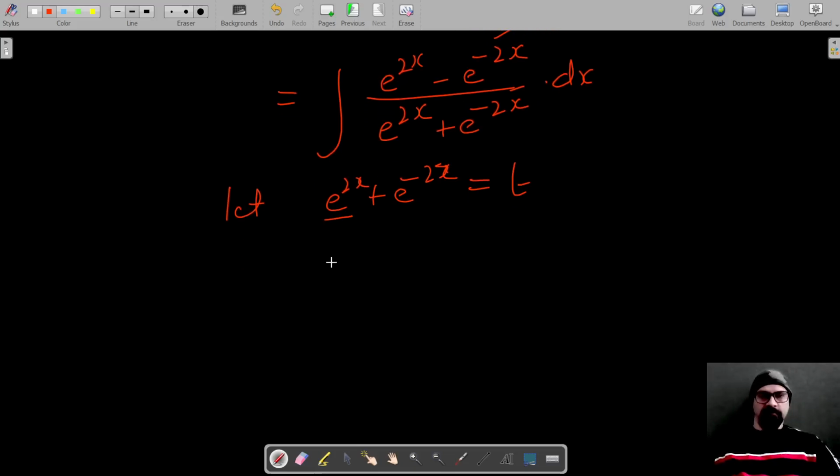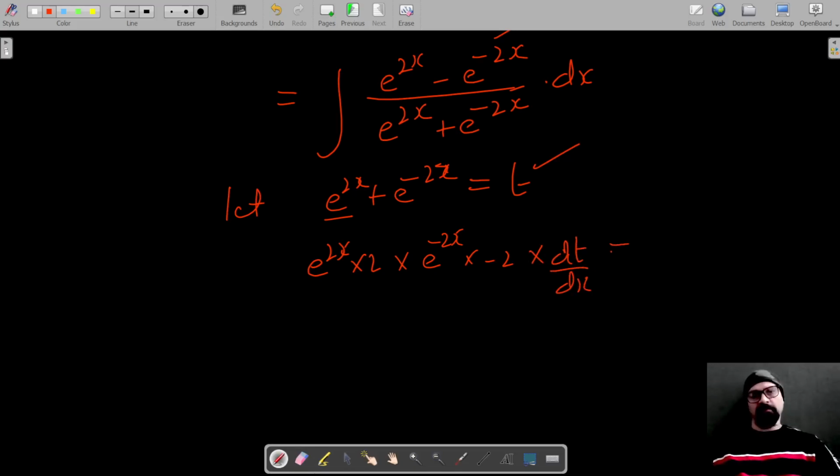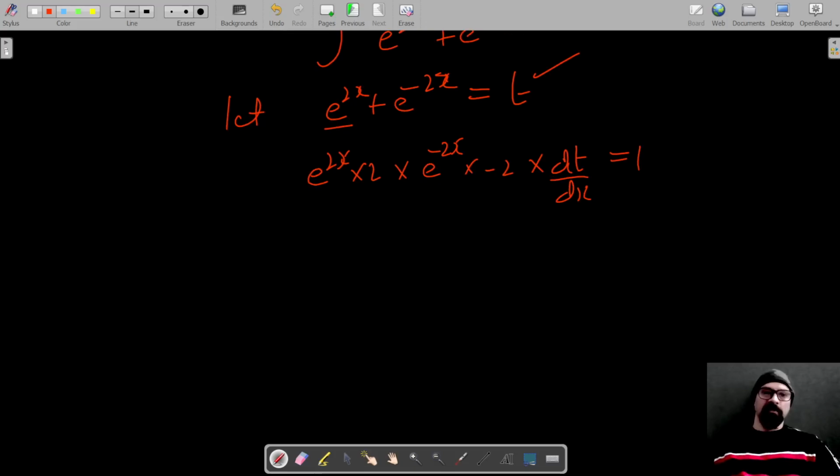And the differentiation of this is e raised to the power 2x into 2, plus e raised to the power -2x into -2.